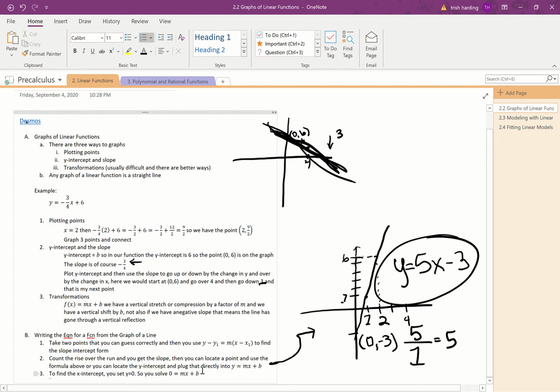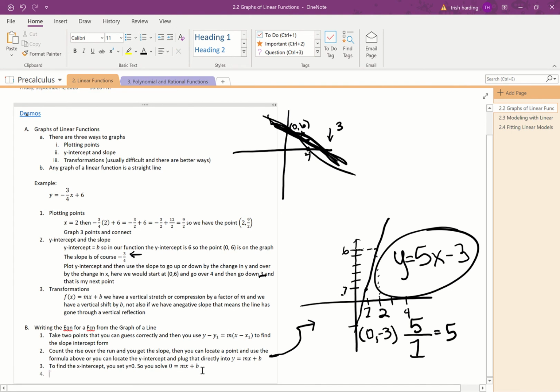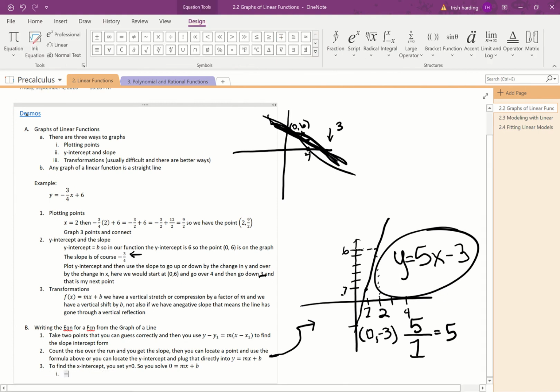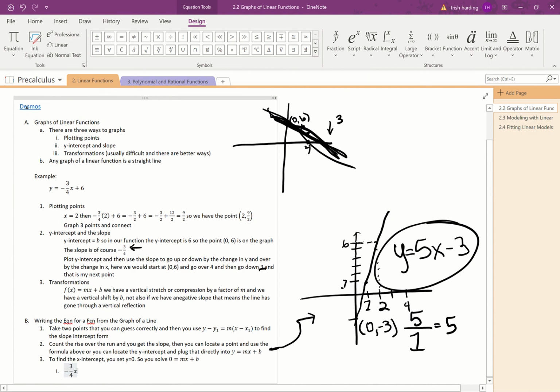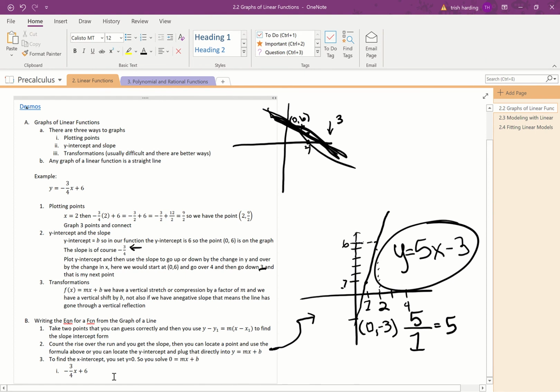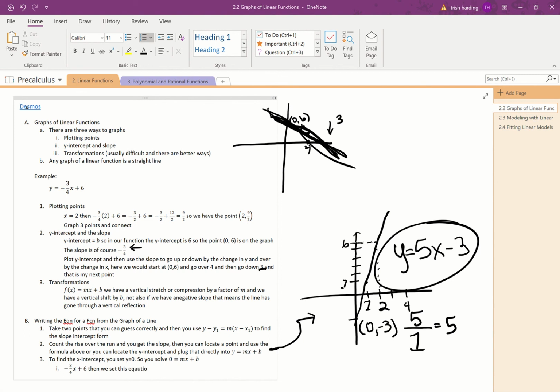So for example, if I had, like the equation above, negative 3/4 x plus 6, then we set this equation equal to 0.